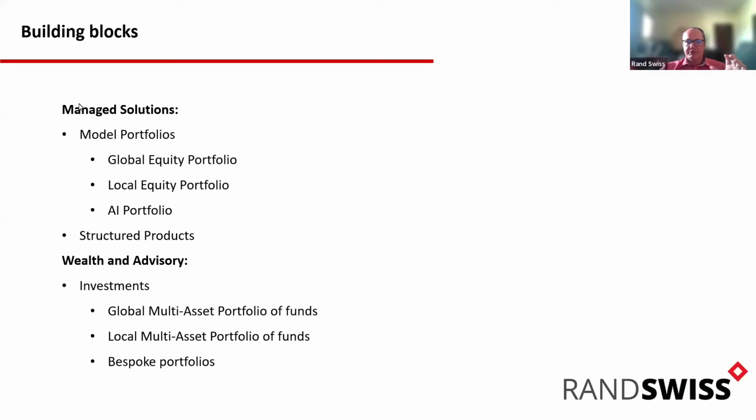From our point of view, some of the building blocks Rand Swiss brings to the table: we have a couple of model portfolios, which is our global equity and our local equity portfolio. We can send you the fact sheets and chat more around them. And the younger brother or sister is the AI portfolio that we've added to that mix.